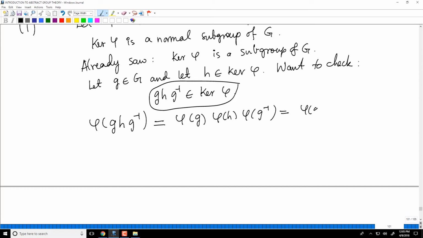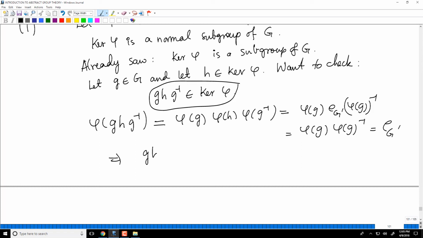Okay, now this is phi of g. What is phi of h? Because h is in the kernel, phi of h is e_G prime, and phi of g inverse is phi of g whole inverse. So e_G prime is the identity element, so this is just phi of g times phi of g inverse, which is e_G prime.